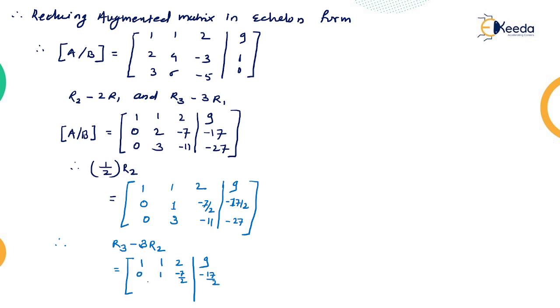In the third row, 0 minus thrice into 0 is 0, 3 minus 3 into 0 is 0, and minus 11 minus 3 into minus 7 divided by 2 becomes minus 1 divided by 2. Checking R3 minus thrice R2, we get minus 3 by 2, minus 3 by 2.